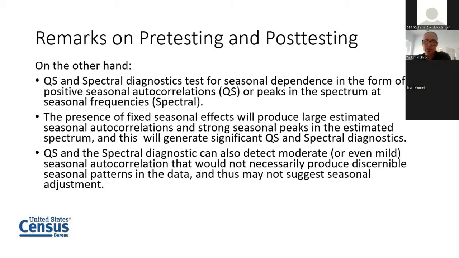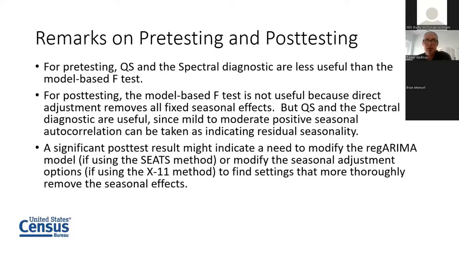So they can be much more appropriate for post-testing. For pretesting, the model-based F is more useful than the QS and spectral. A significant post-test result might indicate a need to modify the underlying model or modify the seasonal adjustment options to find settings that more thoroughly remove seasonal effects.